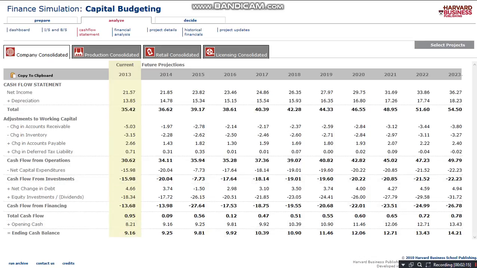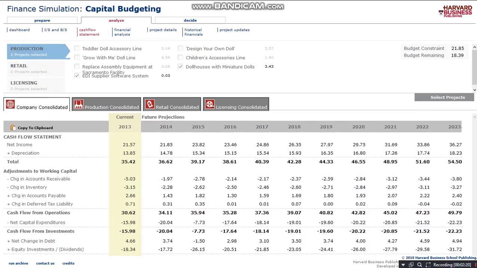So if I want to change that, I will select projects, and this one will show the changes in this number by clicking on which projects I want to choose. These are just proposed projects, so if we choose that, we can see what it will be like for the next year if we choose the project.